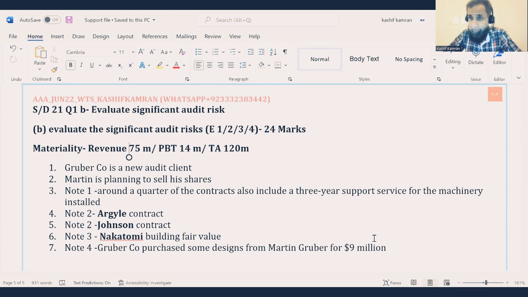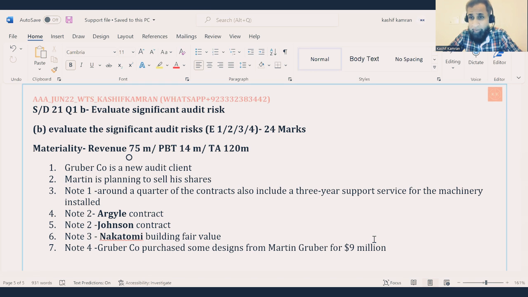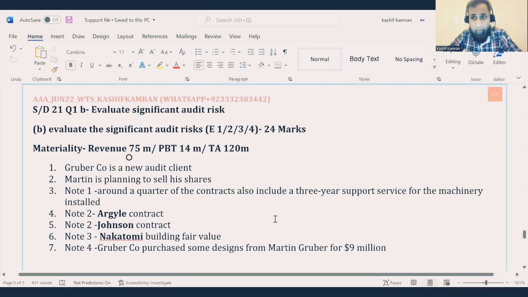And then the Grubber company purchased some designs from Martin Grubber at $9 million. And Martin Grubber was not sharing any information about $9 million with the audit team. And it seems that Martin Grubber is concealing some information about $9 million. So there are two possible things which can be identified in note number 4.